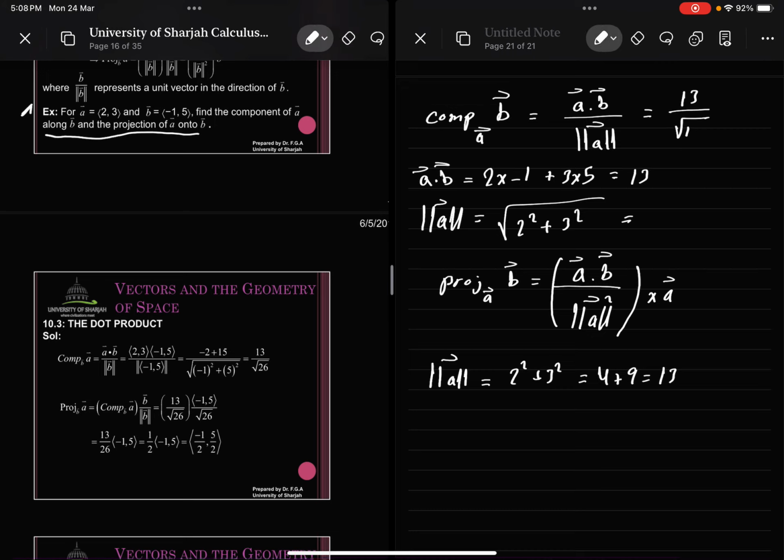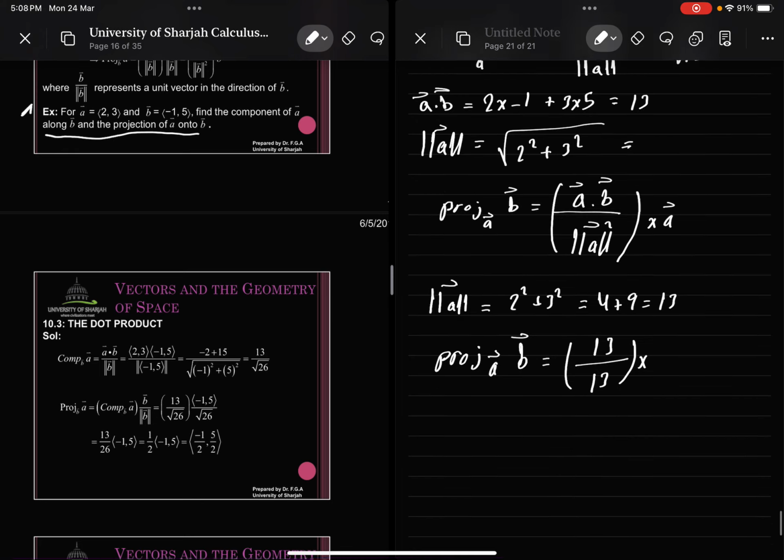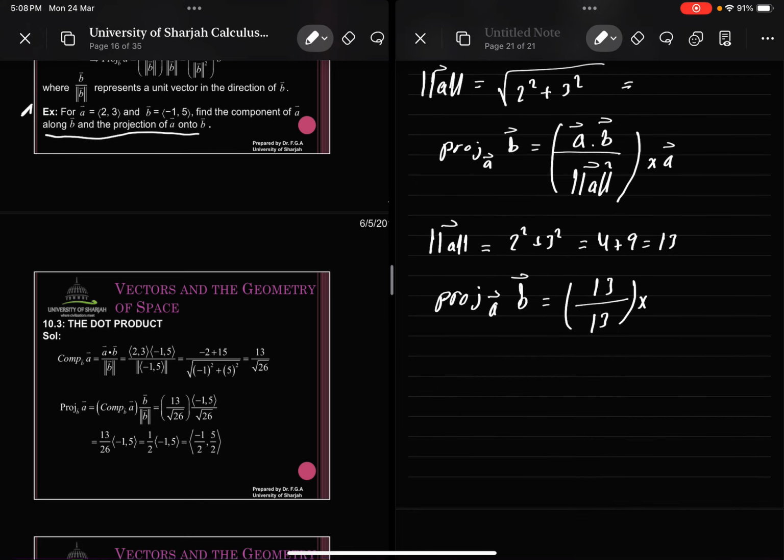So here it will be square root of 13, and here also projection. Here it will be 13 over 13 times a, which is 2i plus 3j. So there is an important point: in the component, the result is a number, and in projection, the result is a vector, because we multiply by vector a.